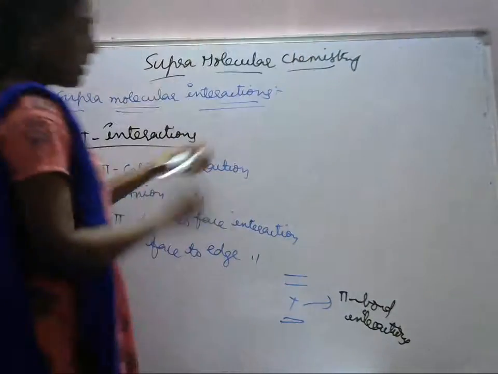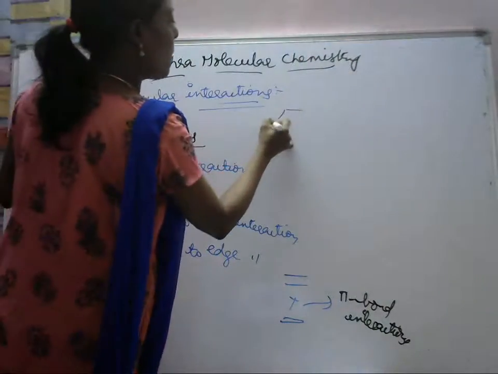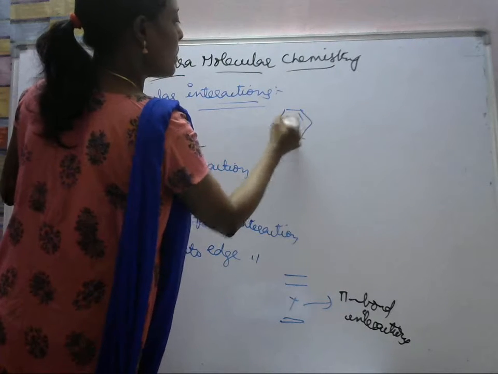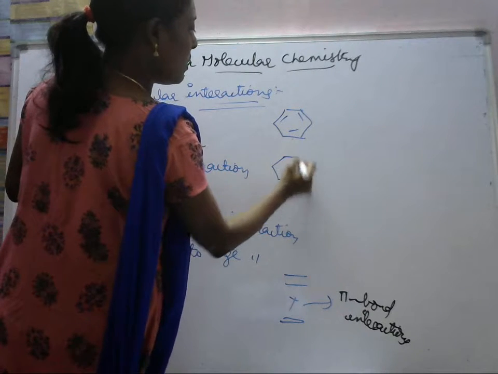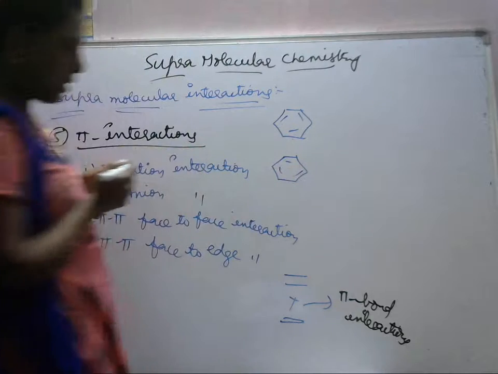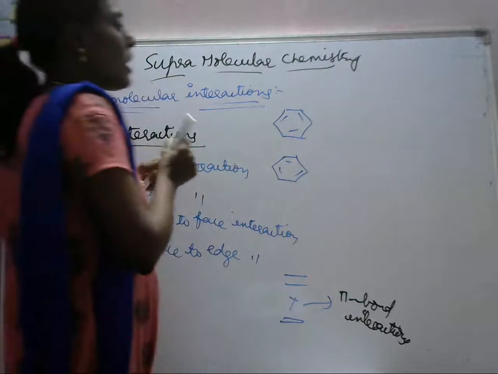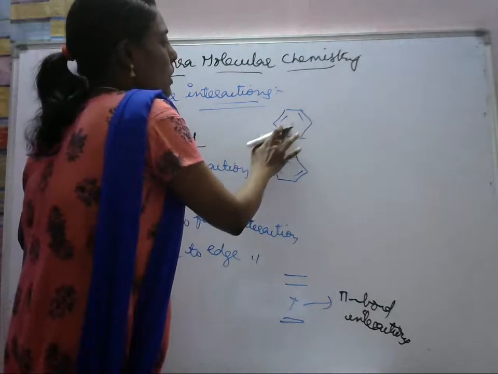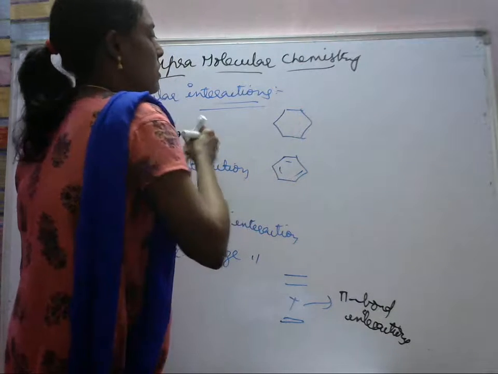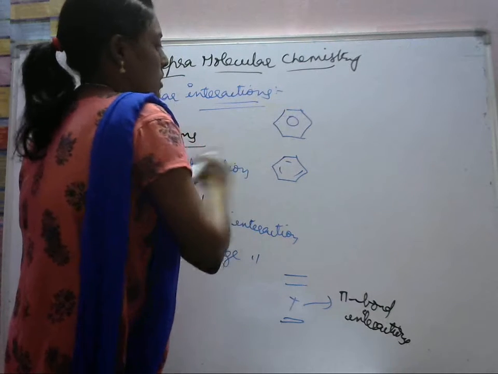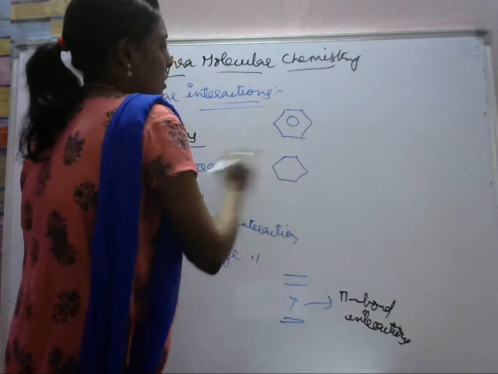Let's see this one. This is the aromatic ring and this is the aromatic ring. If there is a direct interaction, we can write it like this.